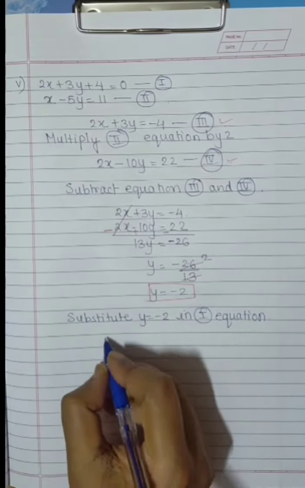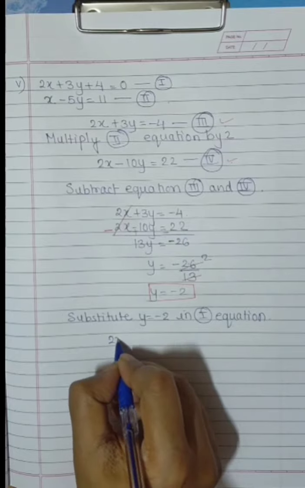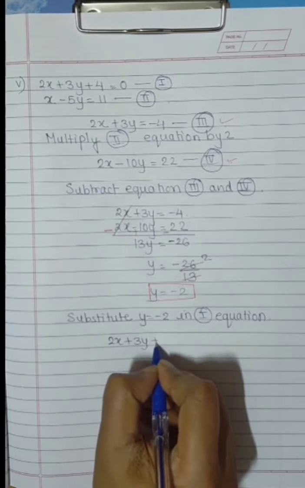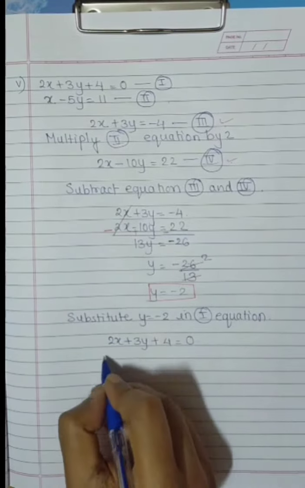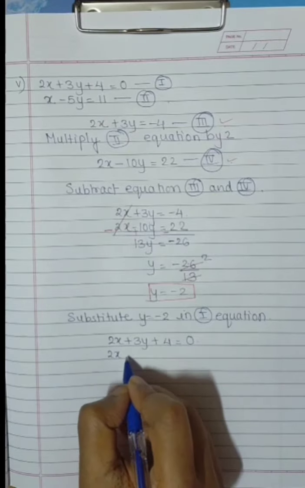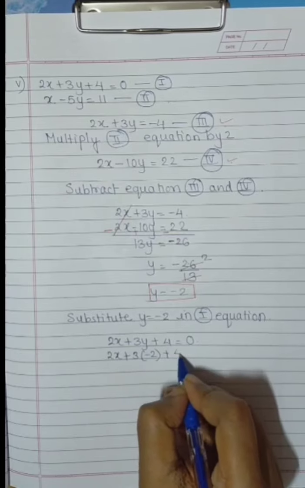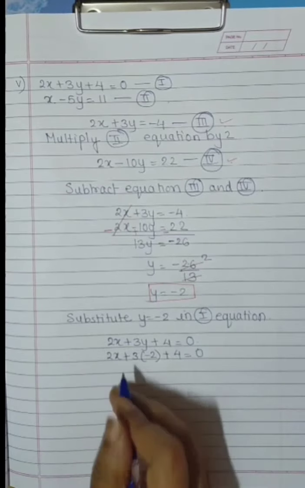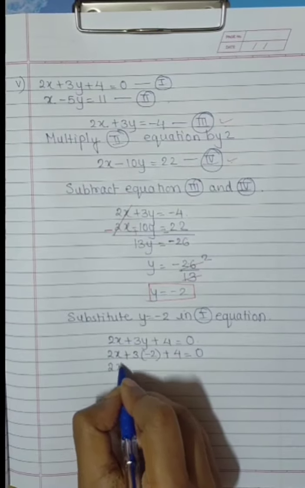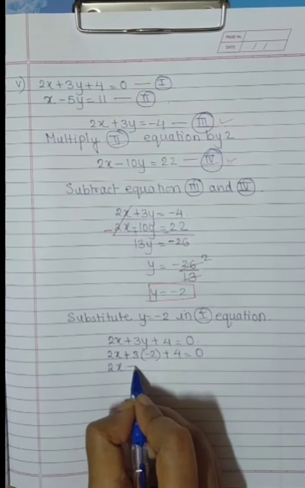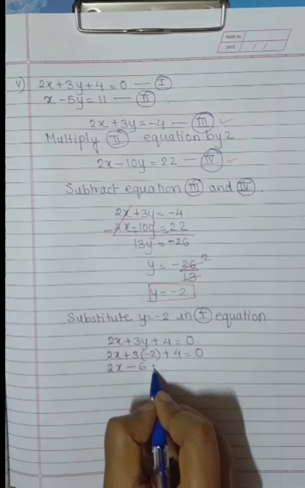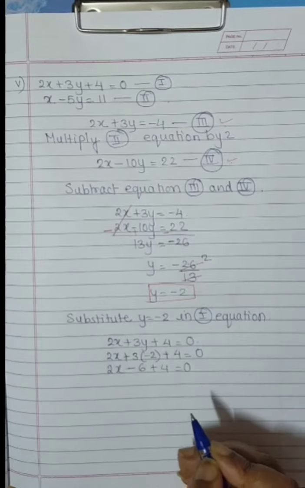Here I am going to write 2x plus 3y plus 4 equal to 0. Now 2x, in the place of y we will write 3 times minus 2, plus 4 equal to 0. Now 2x plus, minus 3 twos are 6, plus 4 equal to 0.